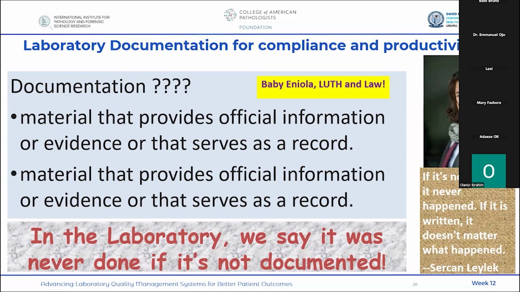A quick example would be, we monitor the temperature of the fridge, of the freezers, the room temperature. We monitor it. And then I won't say you are not doing it, but I need to see the record that this was actually done as at when due. And if there is any issue that you took appropriate action.